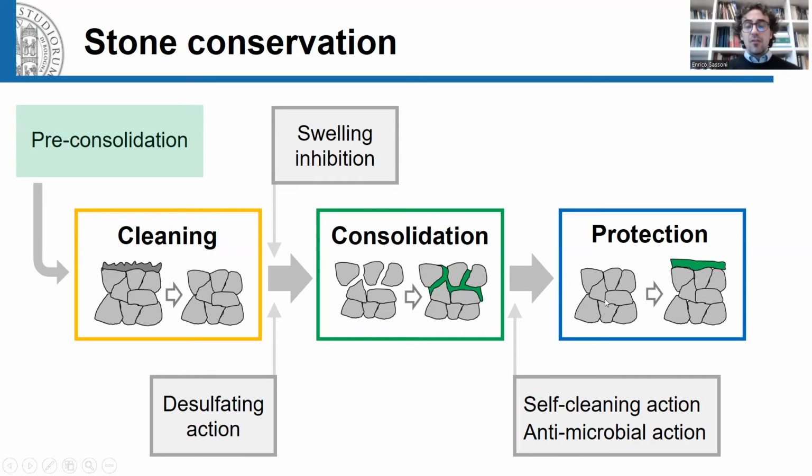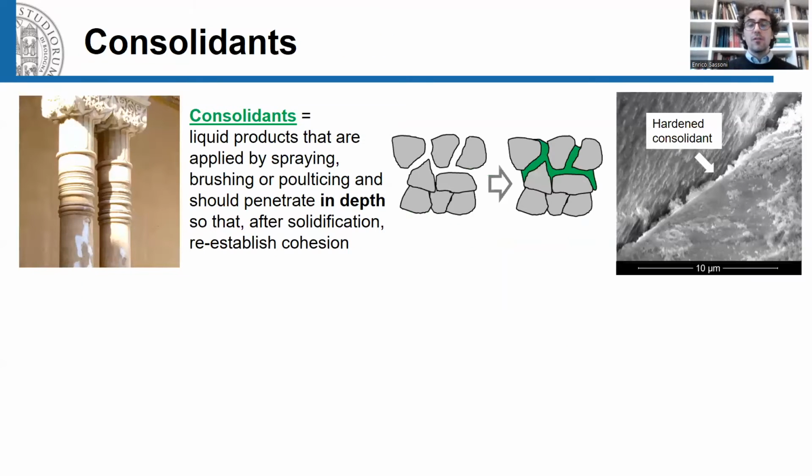So, as I mentioned, we will now focus on consolidants. So consolidants are liquid products that are aimed at penetrating in depth into the substrate. They are usually applied by brushing, spraying, or poulticing, and so they need to have a viscosity that is low enough to allow them to reach the unweathered part of the stone, which may be at some centimeters depth from the surface.